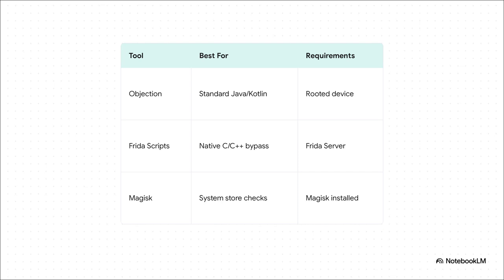You just need Python and a rooted device. Frida scripts, on the other hand, give you that surgical, highly targeted control. That is absolutely mandatory if the app uses native C or C++ pinning. And what if the app isn't explicitly pinning, but just strictly checking the system store? Well, a Magisk module like Trust User Certs might be the only thing you need. It just automatically moves your user cert right over to the system level.